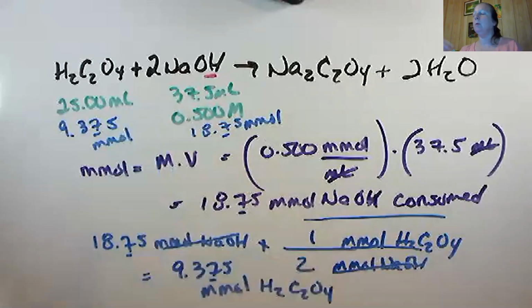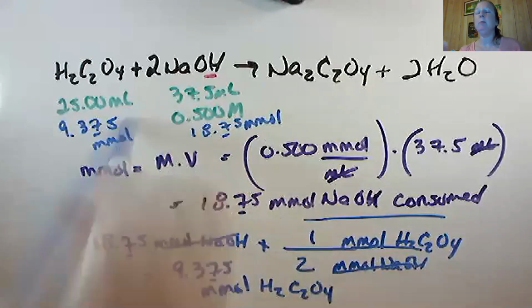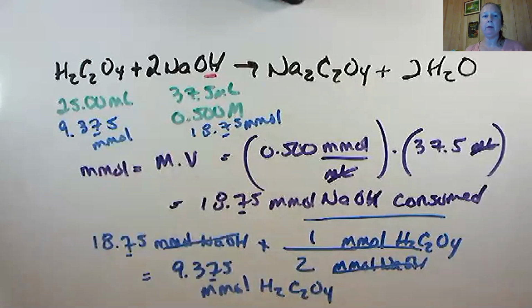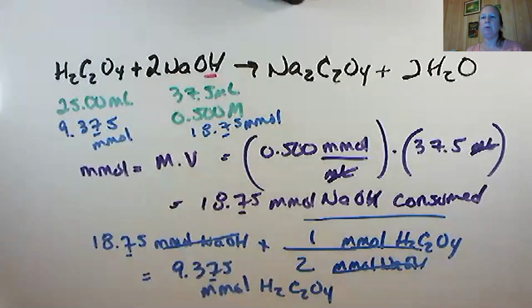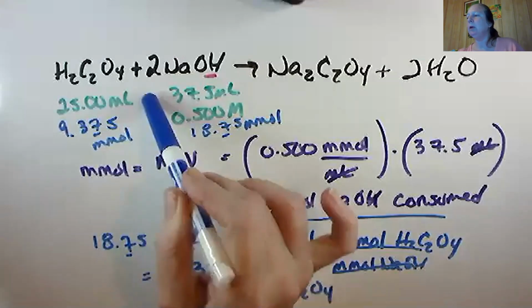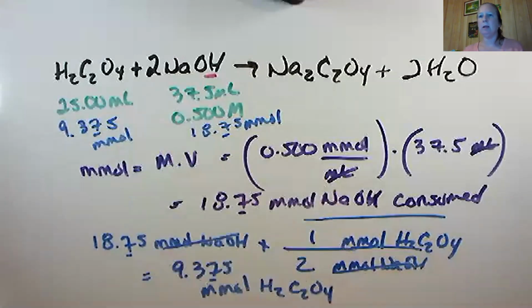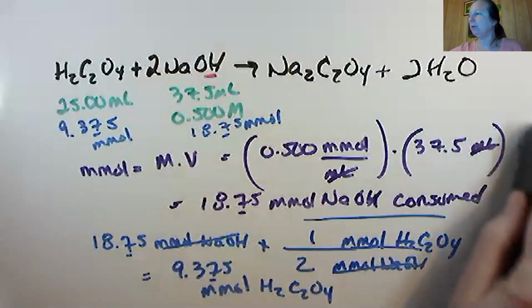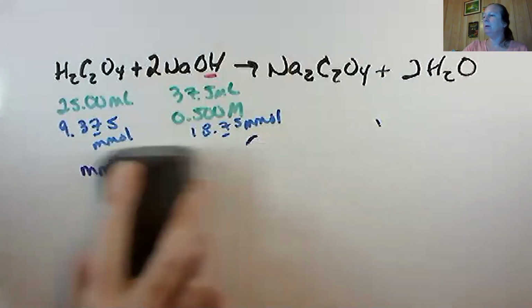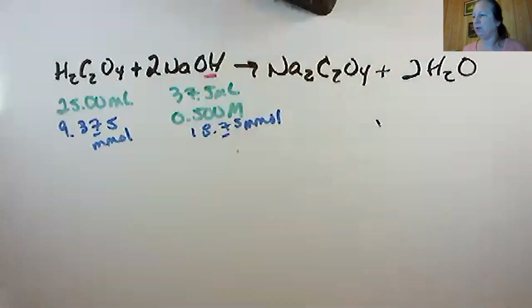Well, I now know that is how many millimoles of acid were in that beaker, because as soon as they were all consumed, I got a pink color and I stopped. So this number is the amount of millimoles of acid that were in that beaker. That's what you just figured out by working backward. Now I have a volume, I have the number of millimoles, I can calculate my concentration. So I'm going to erase this. It's kind of an equation in reverse.